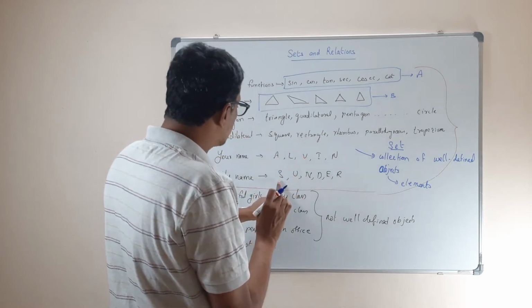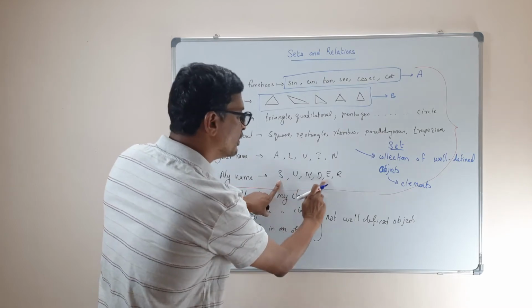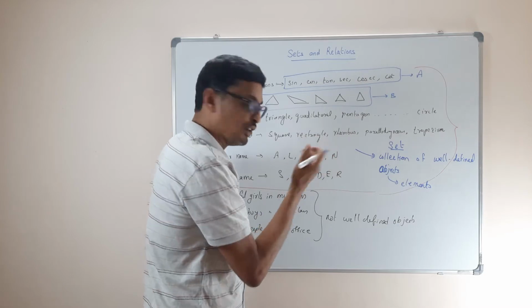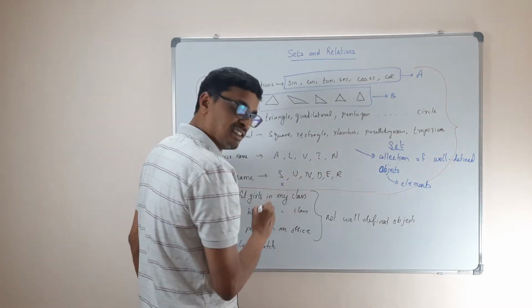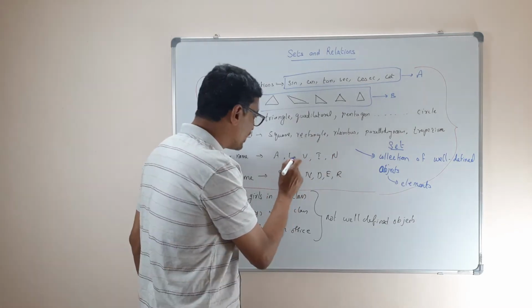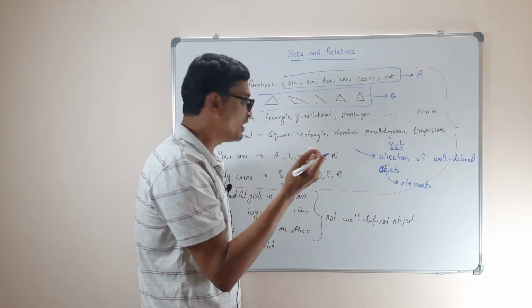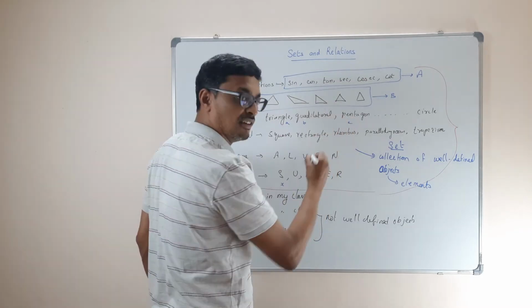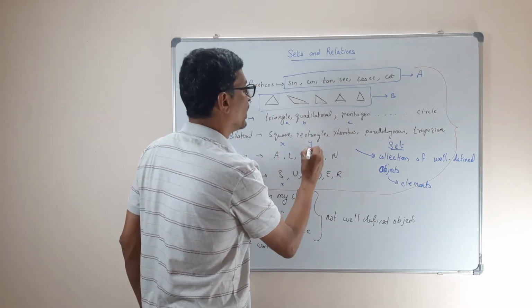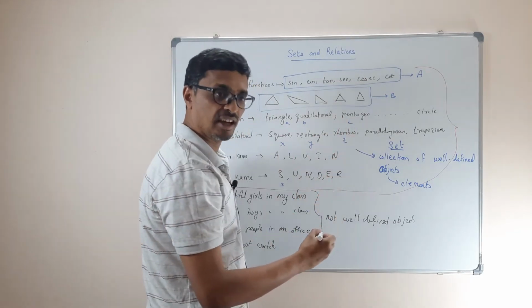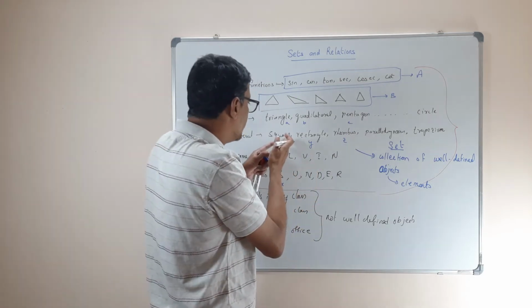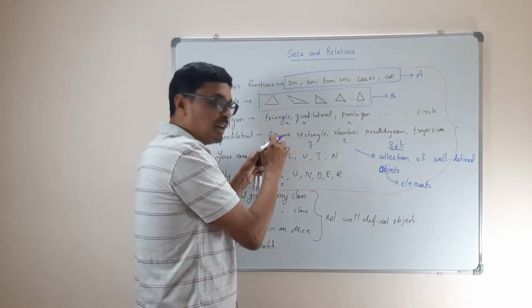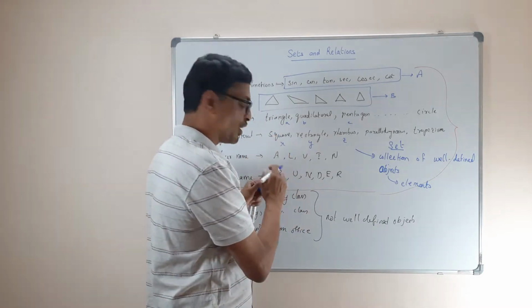I want to represent each element, so in mathematics I assign some symbol to it. Let me call this X. Each element can be A, B, C, or X, Y, Z. I can give a name to each object. That symbol you represent with small alphabets.